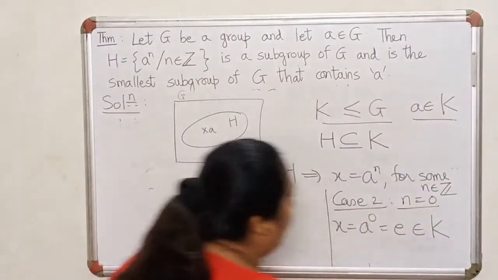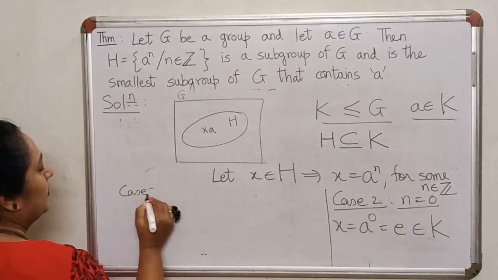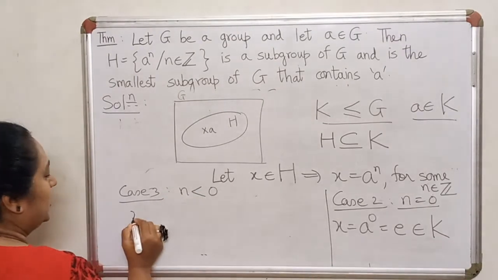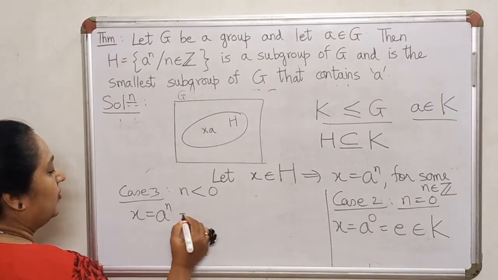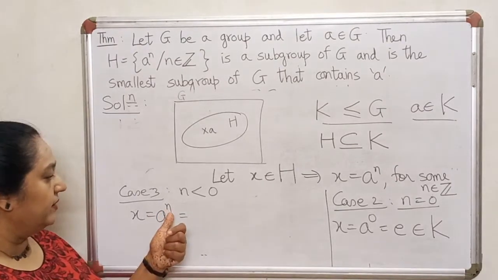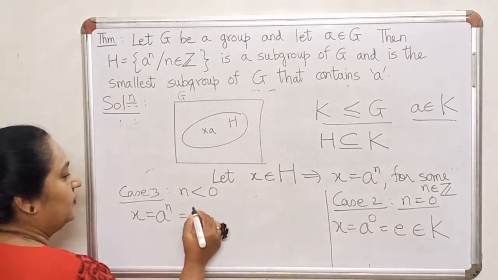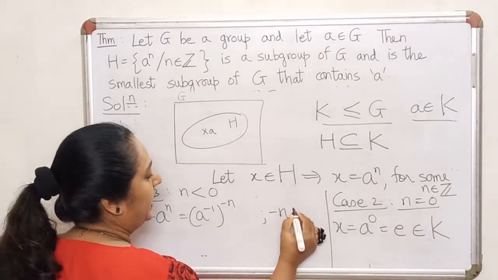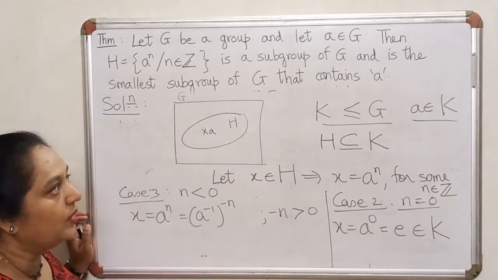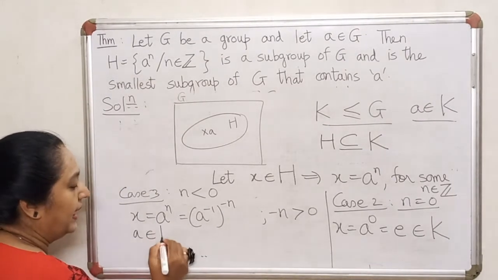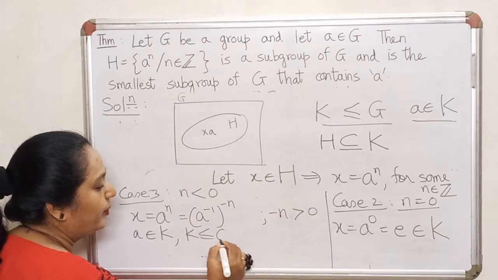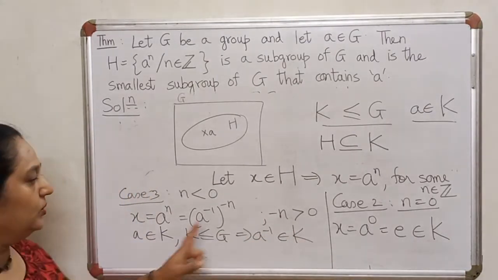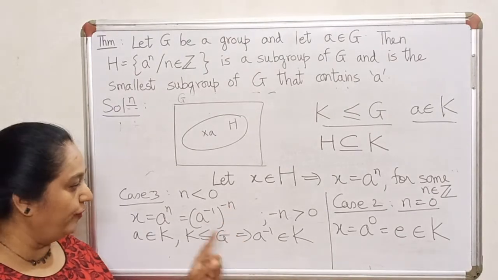Now let's look at the final case where n is a negative integer. And remember what meaning we had given to a negative integral power of A. We can write this as A inverse raised to minus n. Minus n is a positive power. Now once again, use the fact that A lies inside K. K is a subgroup of G, so A inverse has to be inside K. And now this is a positive power of A inverse.